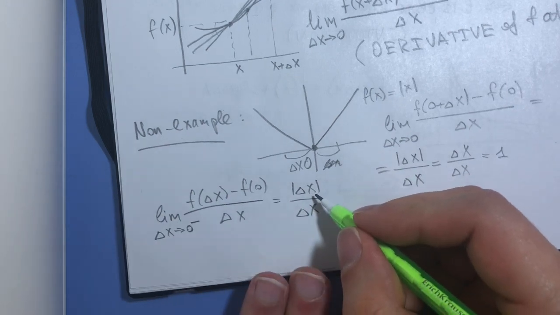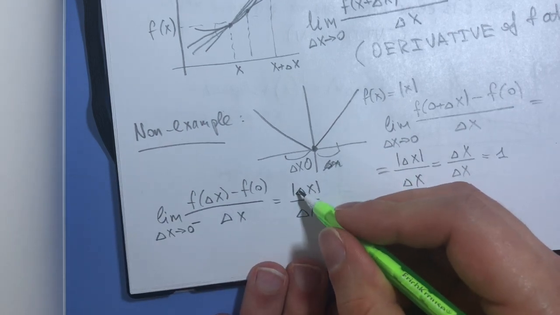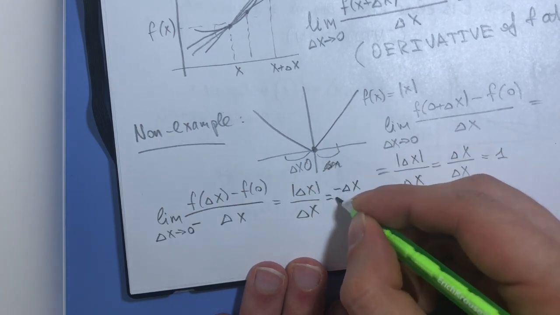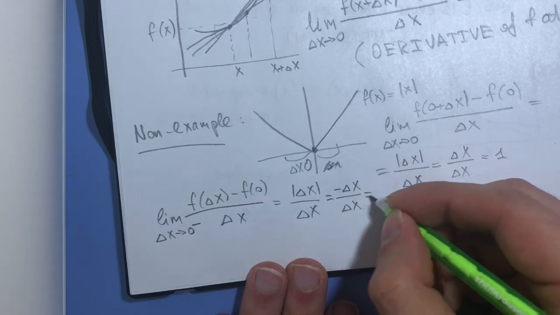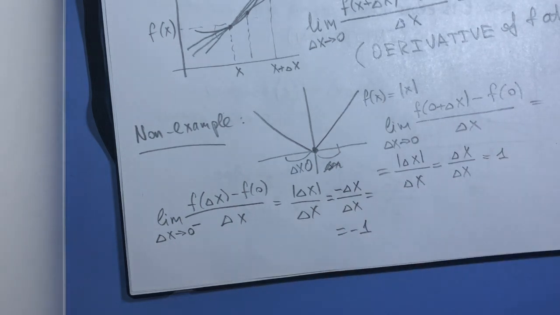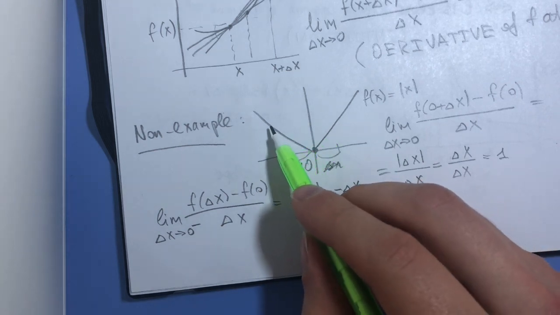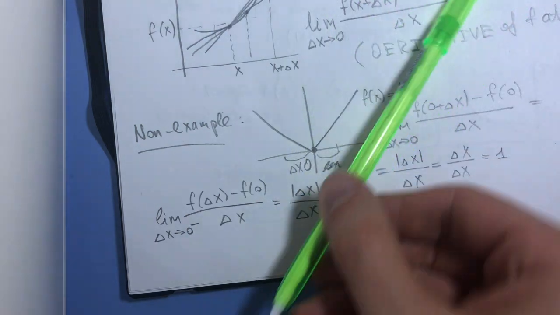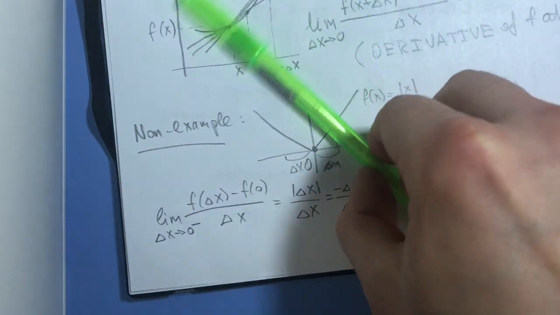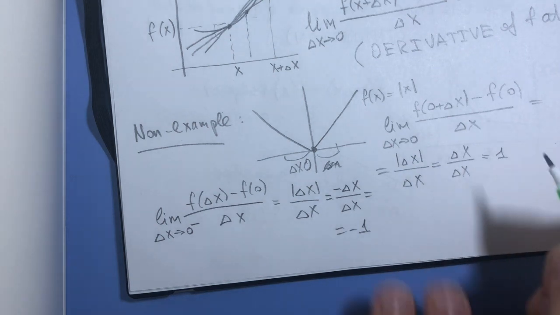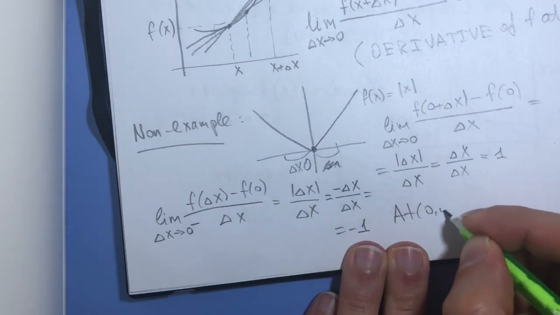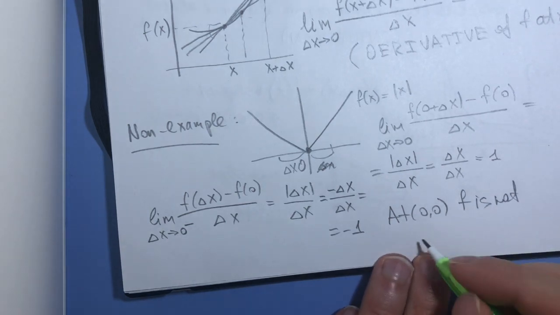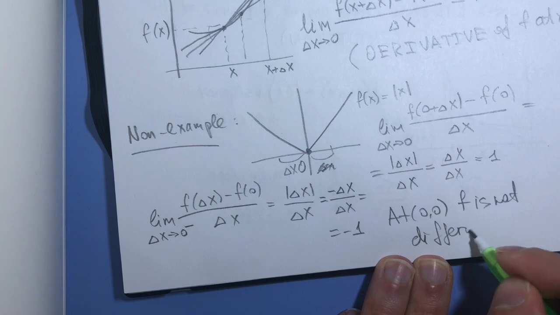But since my delta x is negative, when I remove my absolute value sign, I have to bring it out with a minus, and actually it is -1. So from one side my tangent should be this, and from another point of view it should be this. Of course these lines are not the same, so at (0, 0), f is not differentiable.